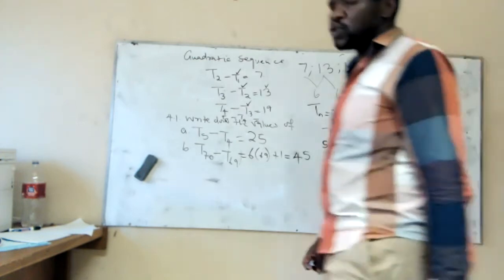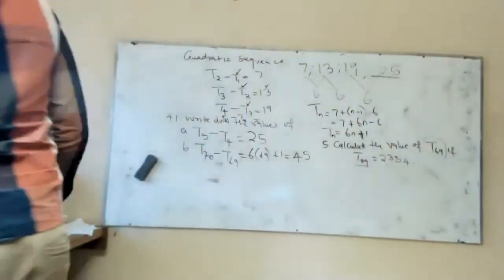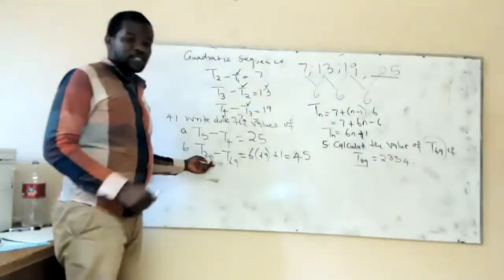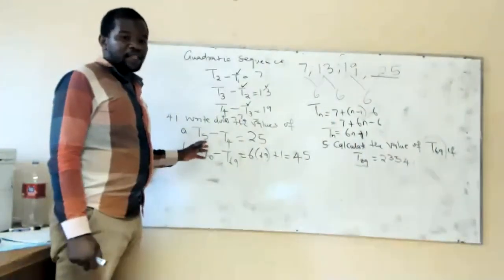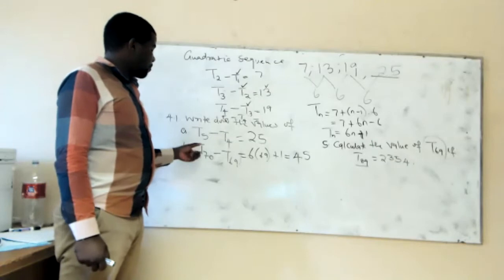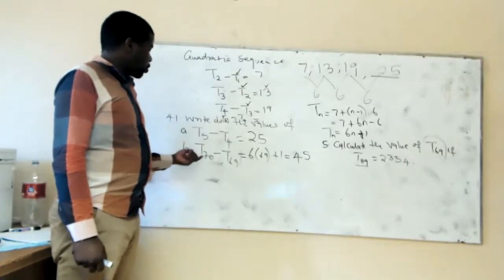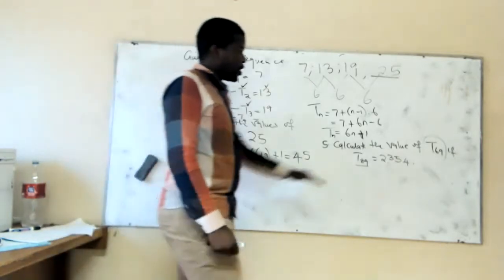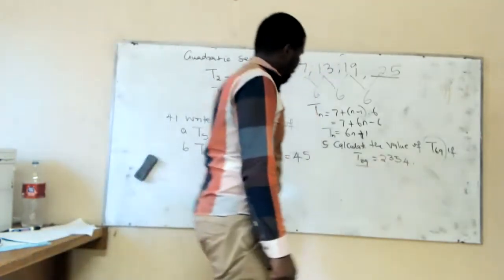So how can we be able to answer that question? The very first thing you're supposed to do is to check from the previous question. Actually, this question was supposed to start with "hence" because we are using the information from the previous question together with the information that we are given there.